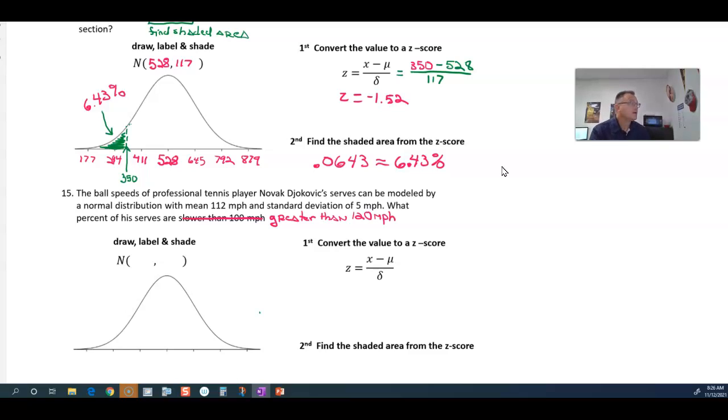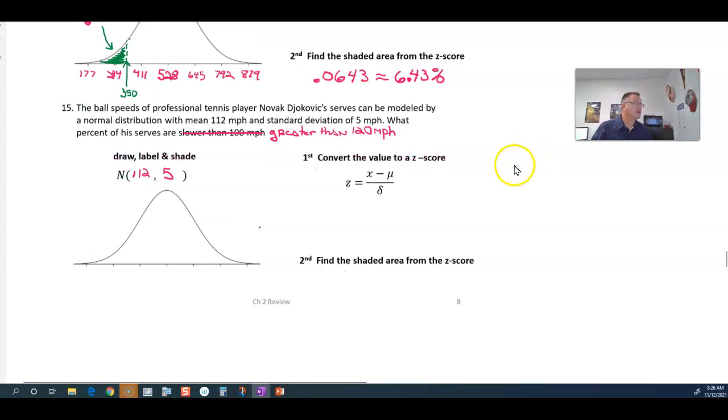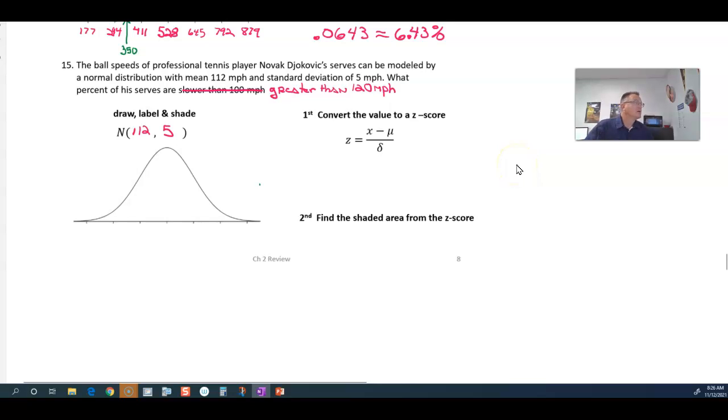Okay, all right. Let's see, his average speed is 112. Standard deviation's 5. So 112, 117, 122, 127, 107, 102, 97.